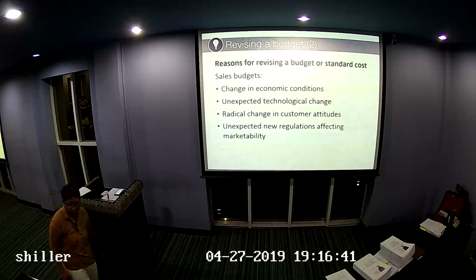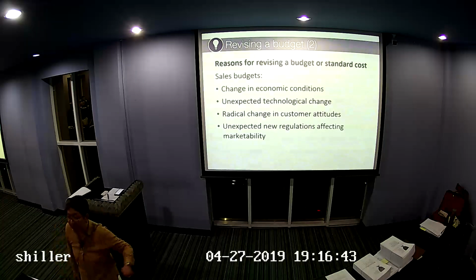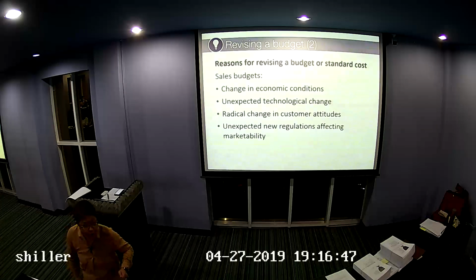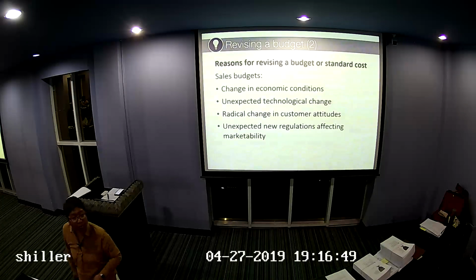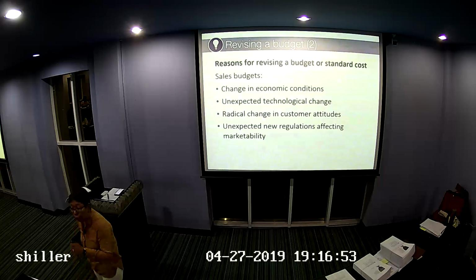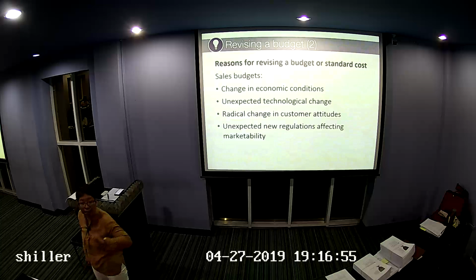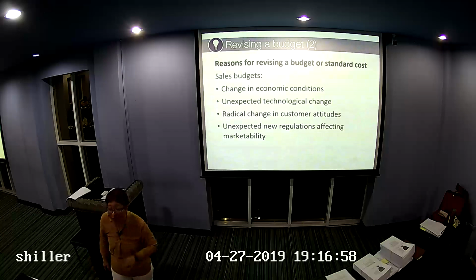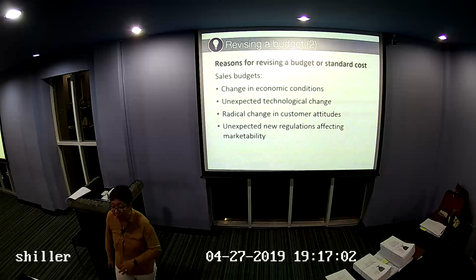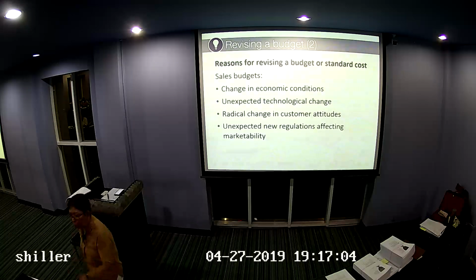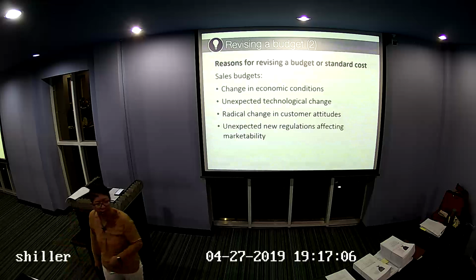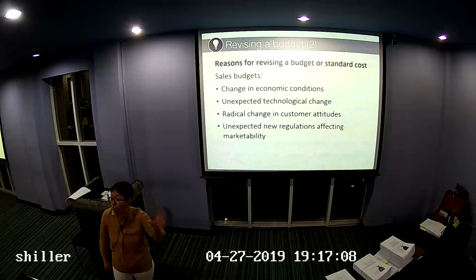Number one, at the time that you prepared the budget, there was a different economic situation as against what actually happened during the year. Example, in 2008, there was that big economic crisis that nobody expected. You remember? So what happened? All of the companies, Toyota and all those big companies, prepared the budget in 2007.